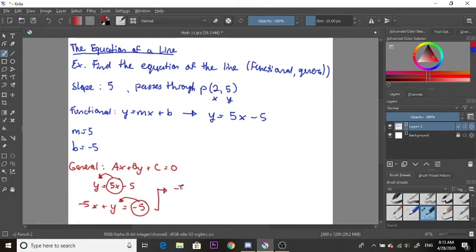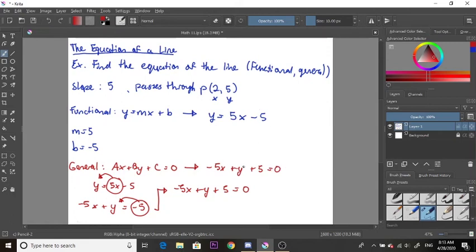So it becomes negative 5x plus y. This negative becomes positive, so it becomes positive 5 is equal to 0. So my rule is negative 5x plus y plus 5 is equal to 0.